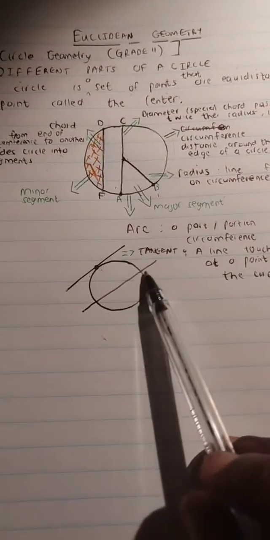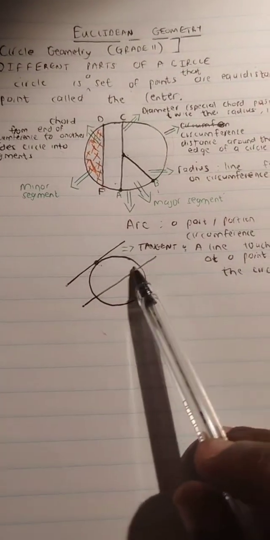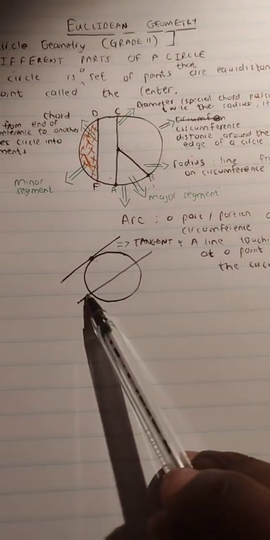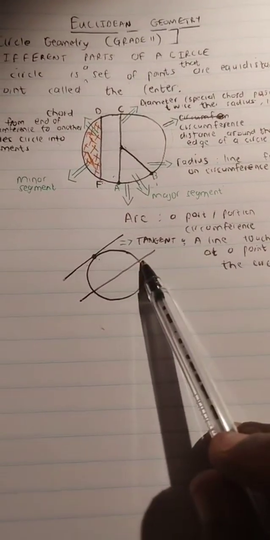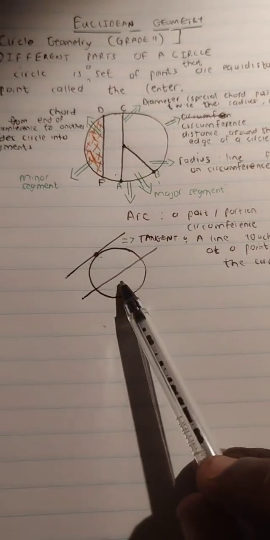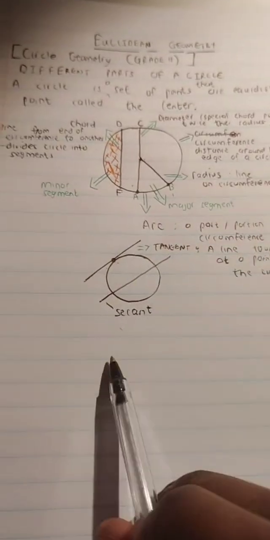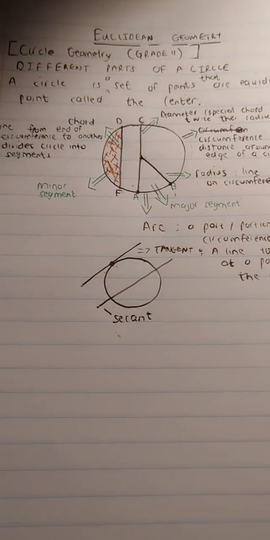A line that cuts through the circle, does not stay within or stay at the end points of the circumference within the circle, but extends beyond. What do we call that line? Yes, Gaziti. We call that a secant.